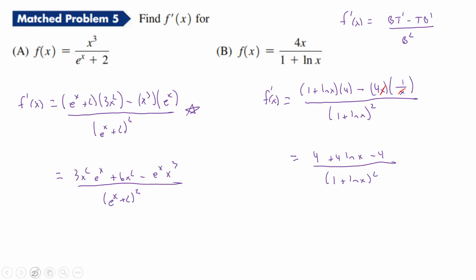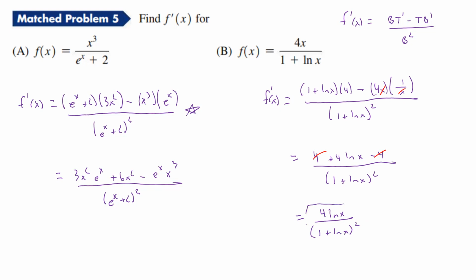Now we can see that those cancel easily, and so we get 4 ln of x all over 1 plus ln of x squared. All right, so that would be then our final result.